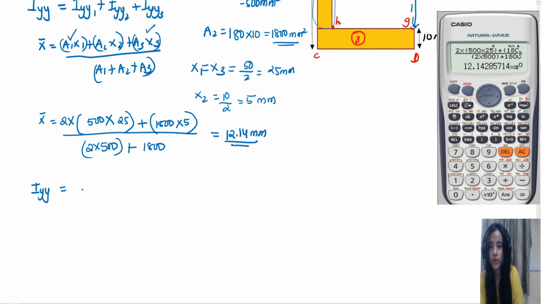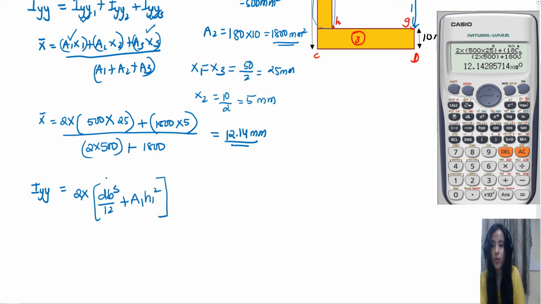Now I can directly find Iyy. Iyy will be equal to, since my Iyy1 and Iyy3 will be the same, so I'll do 2 into db cube by 12 plus a1 h1 square, right?